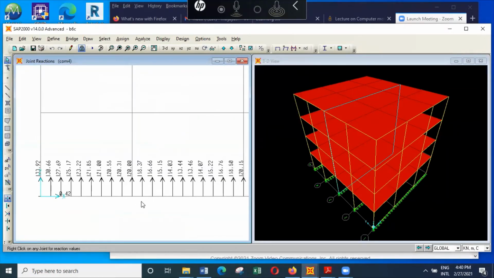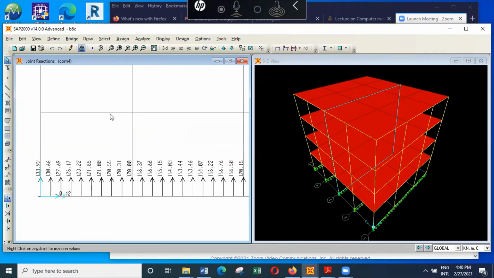I'll get higher values. But now when you want to do the design, you can actually use the values in the envelope. But just to keep things a little simple, I have used this combination for the design.